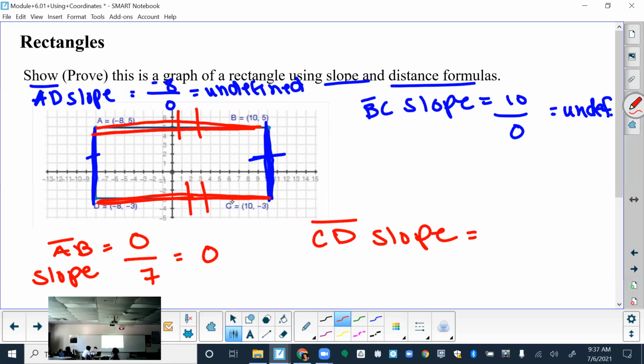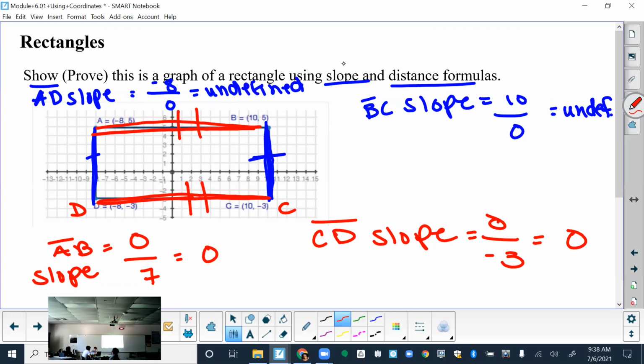Does it go up or down? Try again. This line right here. Does it go up or down at all? So rise is 0. The run, I could put the y value there, but again, it doesn't really matter because 0 divided by anything is 0. So since these have the same slope, are these lines parallel to each other? Yes.